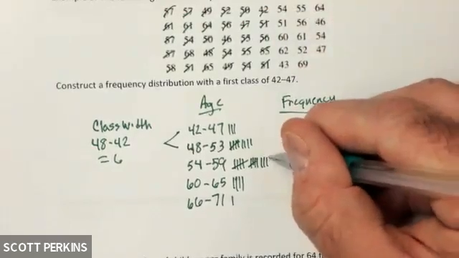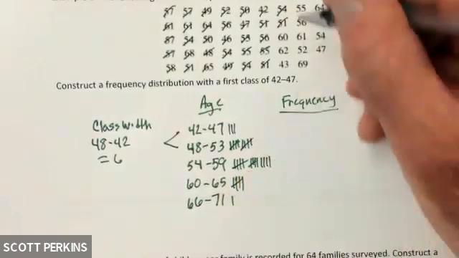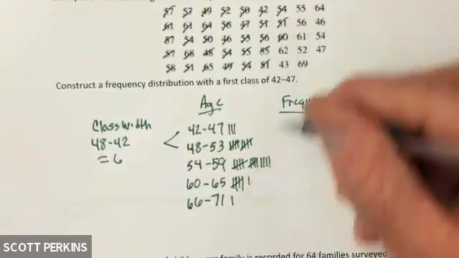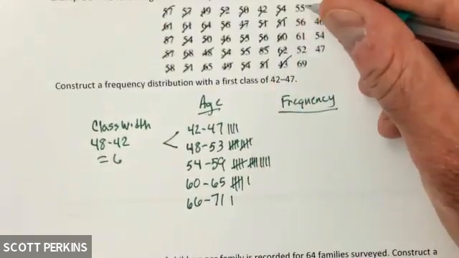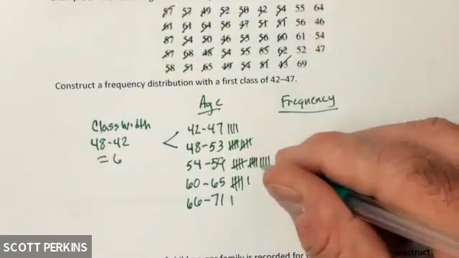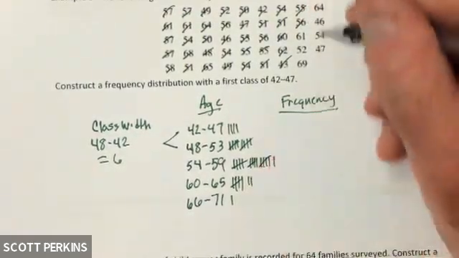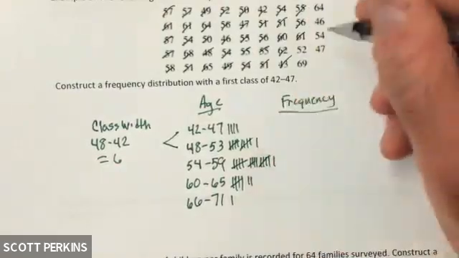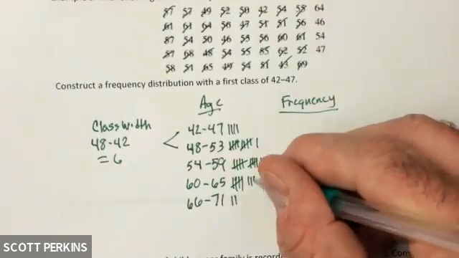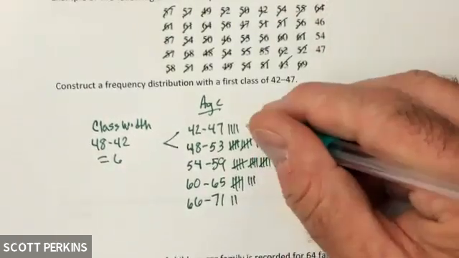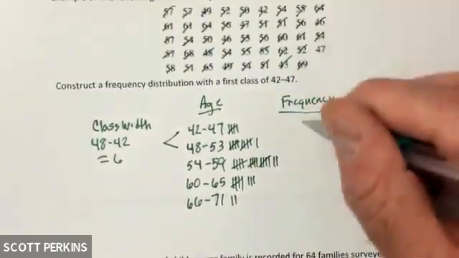Then 54, 51, 60, 62, almost done, 43. This is just as exciting for me as it is for you. This column here, 55, 56, 61, 52, 69, that largest piece of data, 64, 46, 54, and then finally 47.